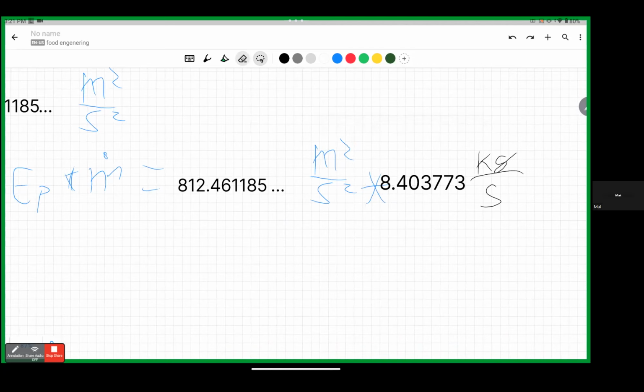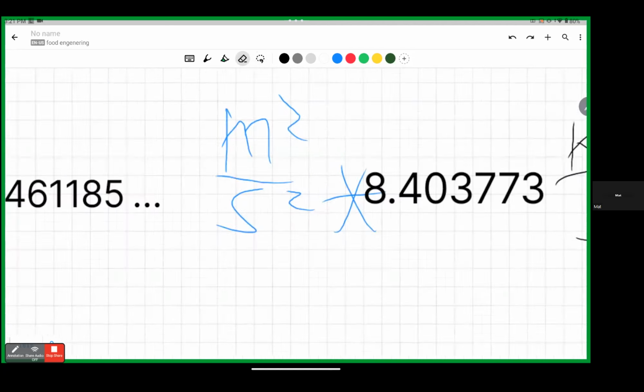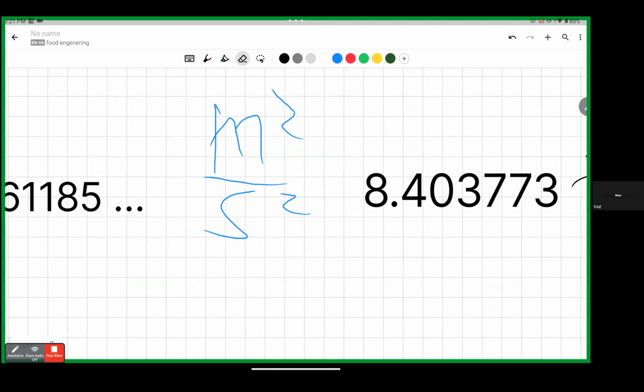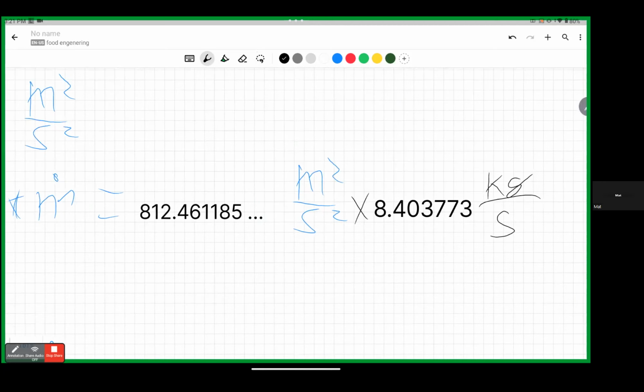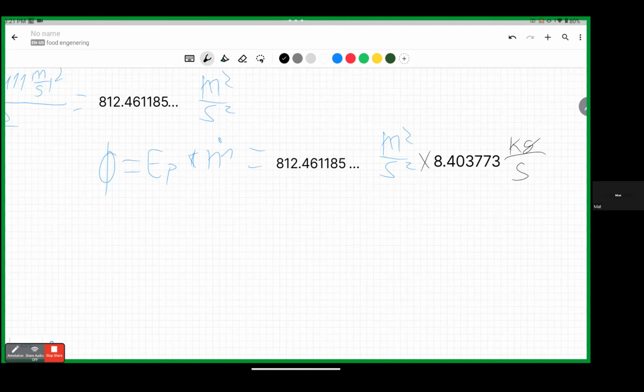Okay. Sorry, let me look for the symbol. Okay, it was vertical. And with this information, we got our final power.